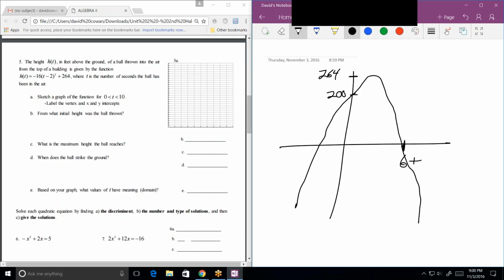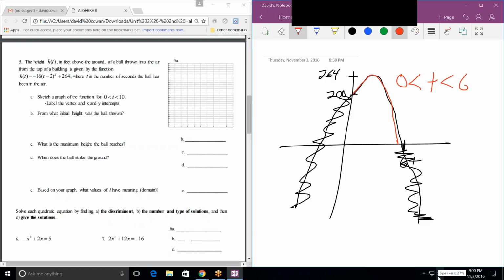But all of this part here is negative time, so I don't really want to draw that. And all of this part here is below the ground, which it doesn't go. So the only effective domain is that part right there, which is time greater than 0 and less than that number. It was a little bit more than 6.